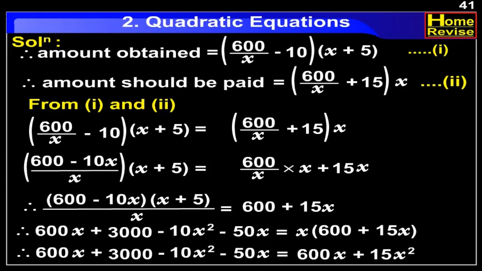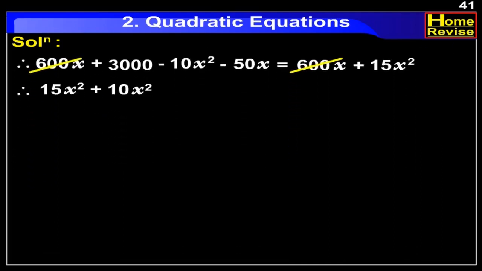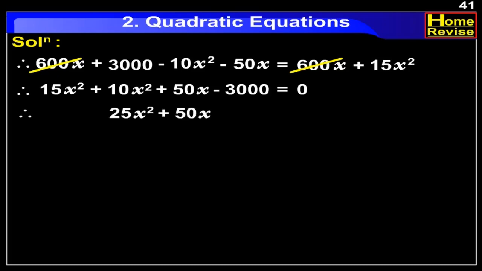Here, 600x gets cancelled out on either side, and we have 15x square plus 10x square plus 50x minus 3000 is equal to 0. Therefore, 25x square plus 50x minus 3000 is equal to 0.